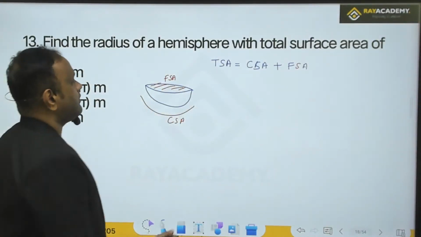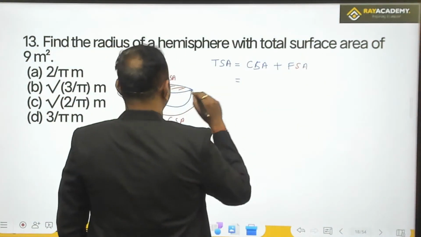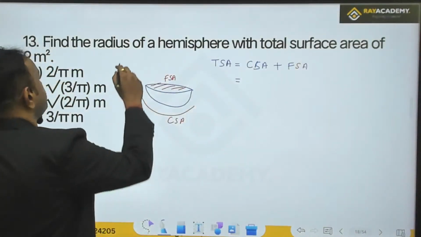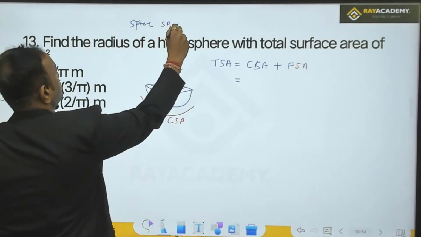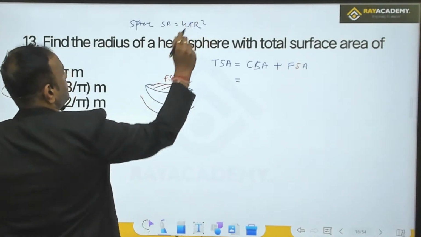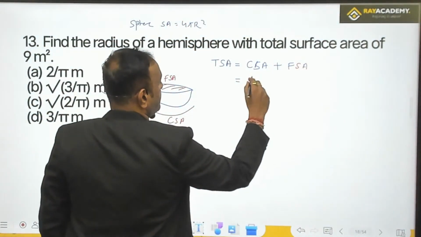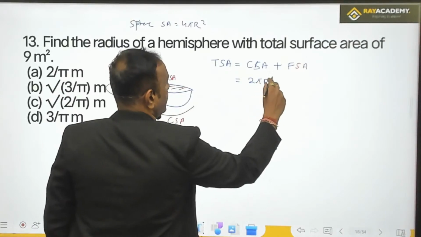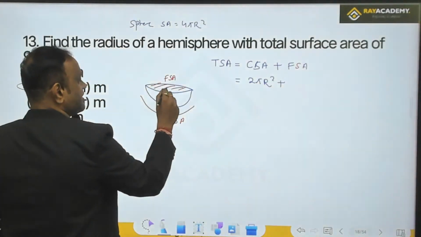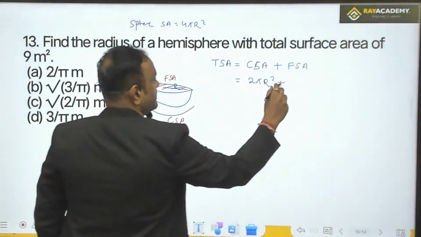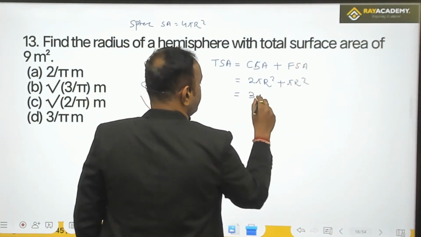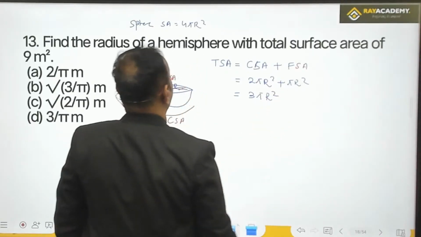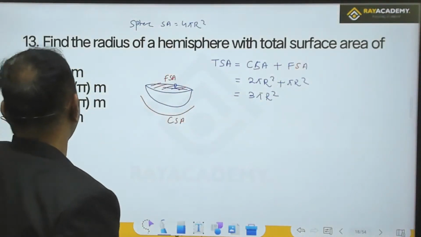So what is the curved surface area? The surface area of a sphere is 4 pi r square. So the hemisphere curved surface area is half of that, 2 pi r square. The flat surface area is just a circle with radius r, so it is pi r square. So the total surface area of a hemisphere is 3 pi r square. That is given as 9.